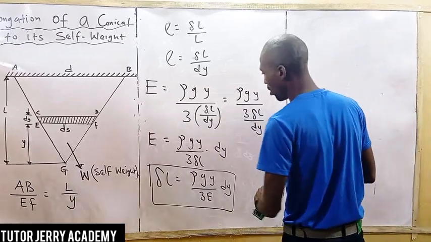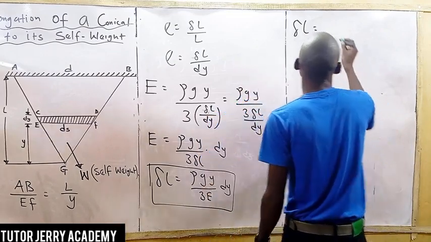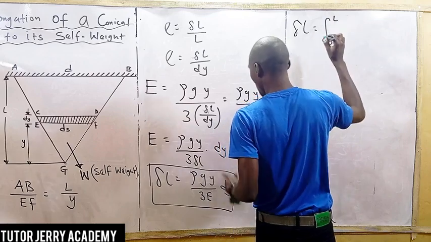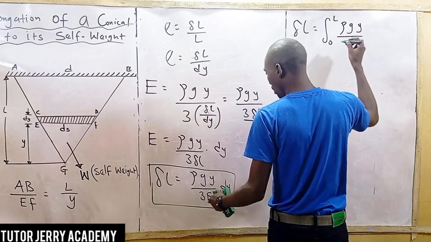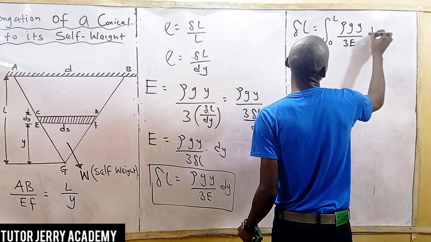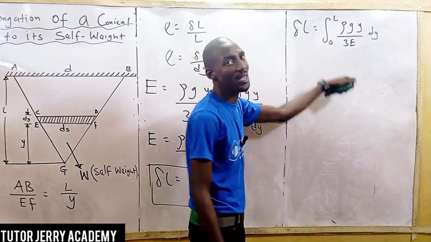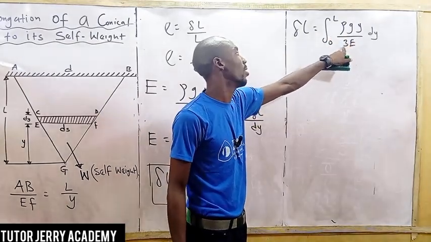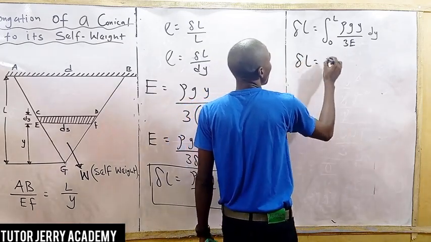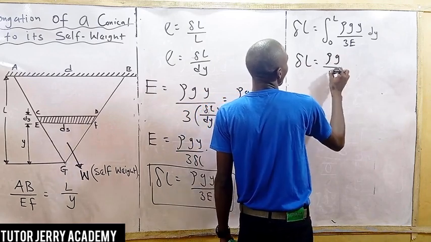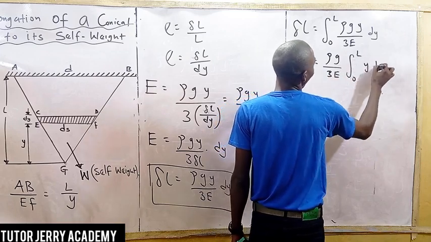Alright, so from here, I'm going to have delta L equals integration from 0 to L of density, gravity, y, all over 3E dy. We are integrating with respect to y, so density, gravity all over 3E is a constant and will come out. So we have delta L equals density, gravity all over 3E, integration from 0 to L of y dy.